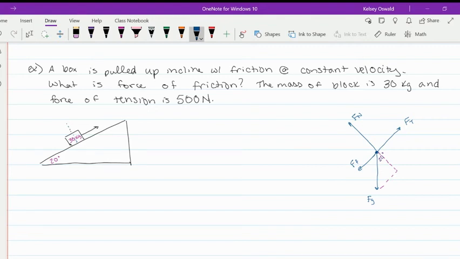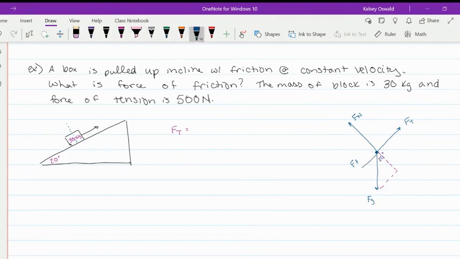All right, let's see what equalities we can have in this free body diagram. So if we look uphill, downhill first, so that new x-axis, we have one force pointing uphill. We have our force of tension. However, we have two forces pointing downhill.